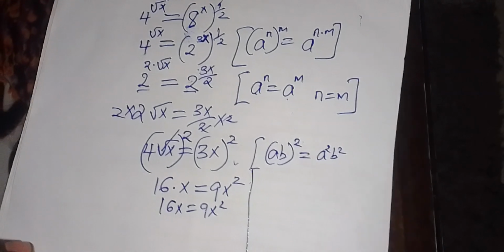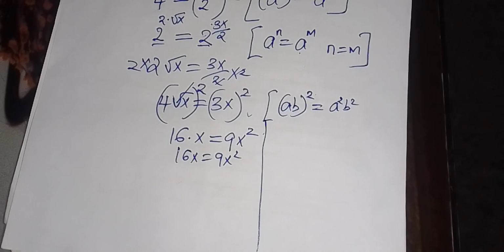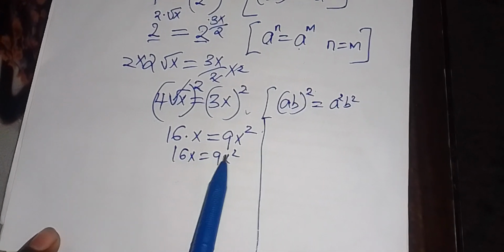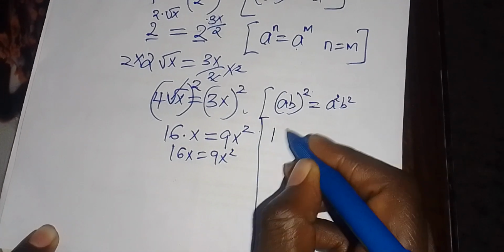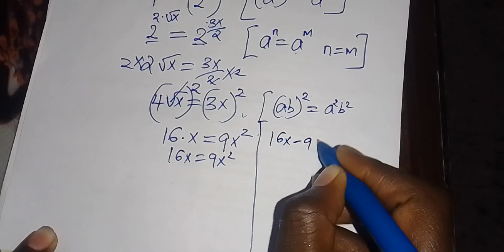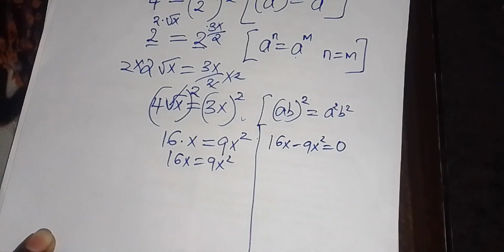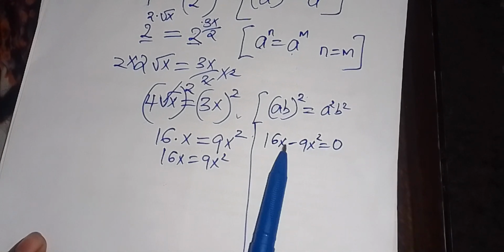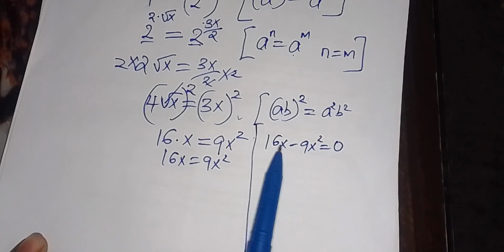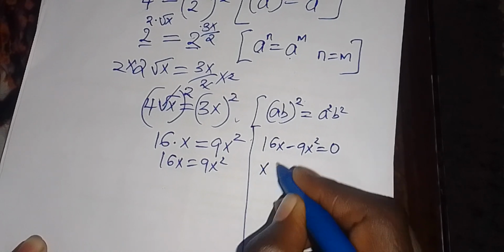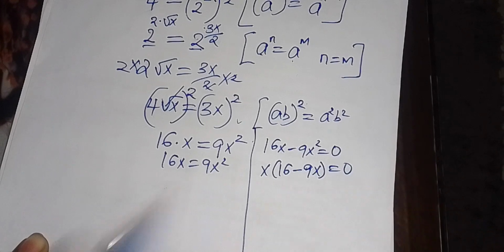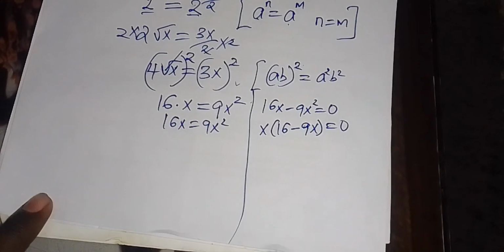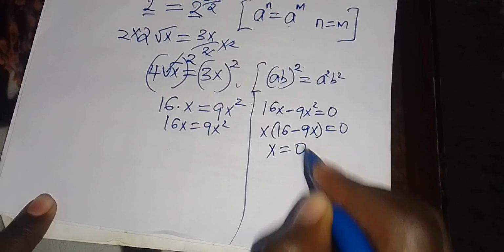So what do we do next? We take 9x squared to the left hand side, so we'll have 16x minus 9x squared equal to 0. Since x is common, we can factor out x, so we'll have x times (16 minus 9x) equal to 0. So the first value of x is equal to 0.